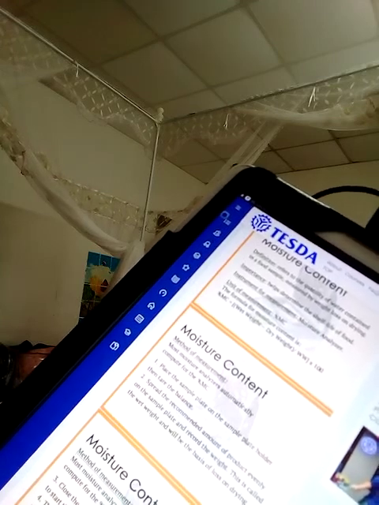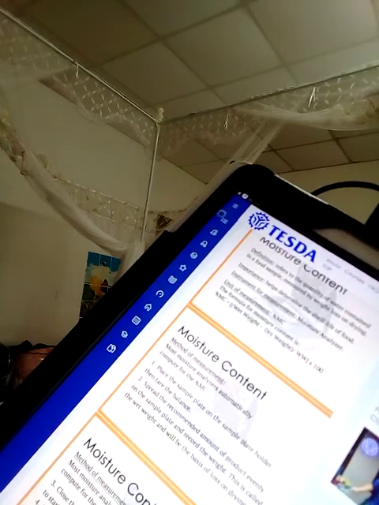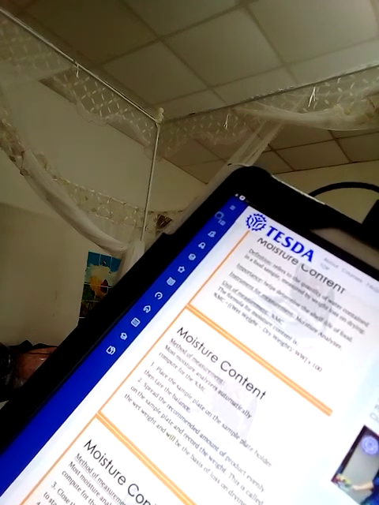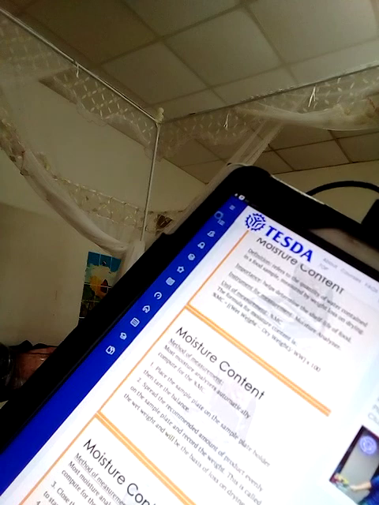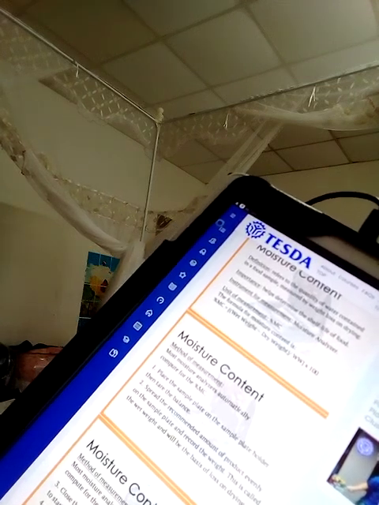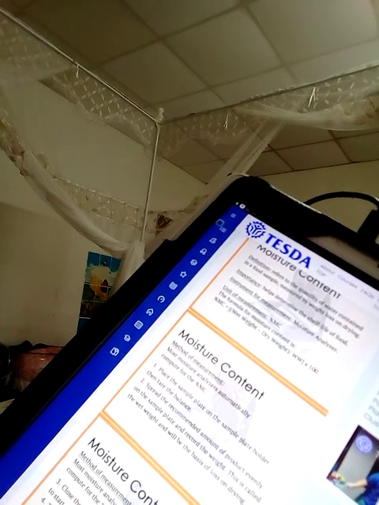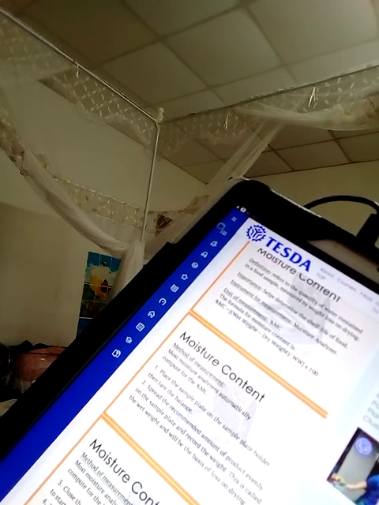So, moisture content method of measurement. Most moisture analyzers automatically compute the percentage of moisture content. Number 1, place the sample plate on the sample plate holder, then tare the balance.